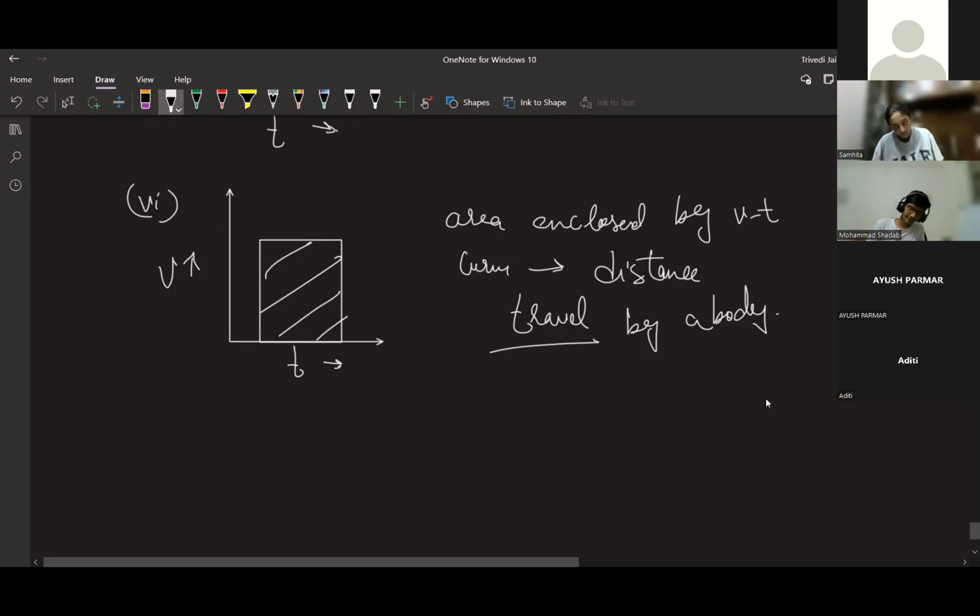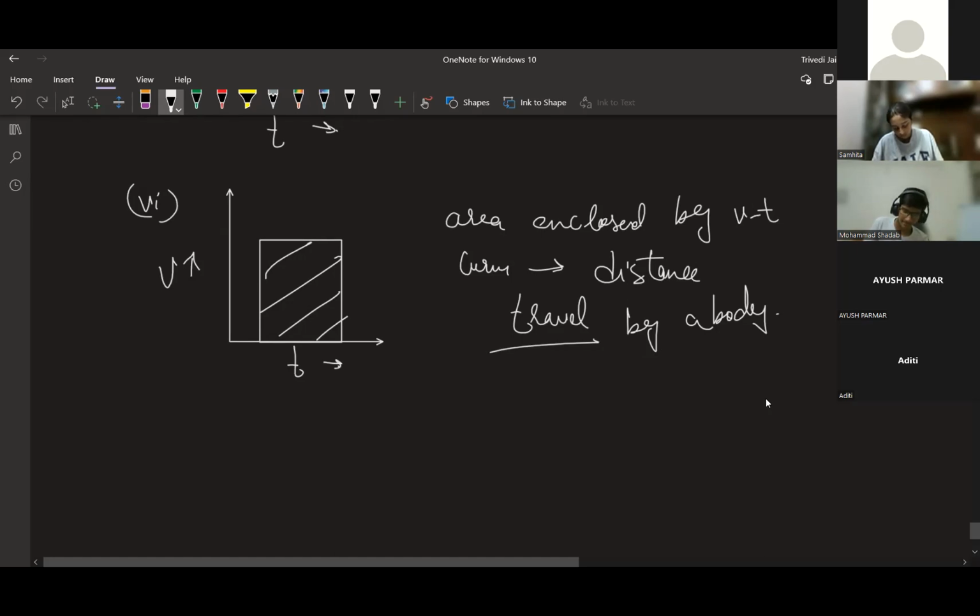Now, in this case, distance and displacement we are considering the same, but if we want actual displacement, then we have to consider the sign. If we don't consider sign, it will be distance. If we consider signs, it will be displacement. That's it, the small difference. Positive or negative.